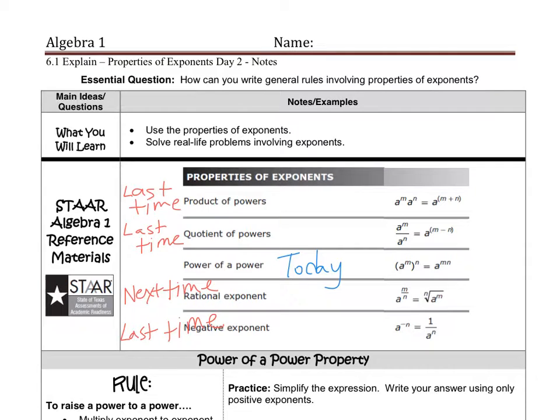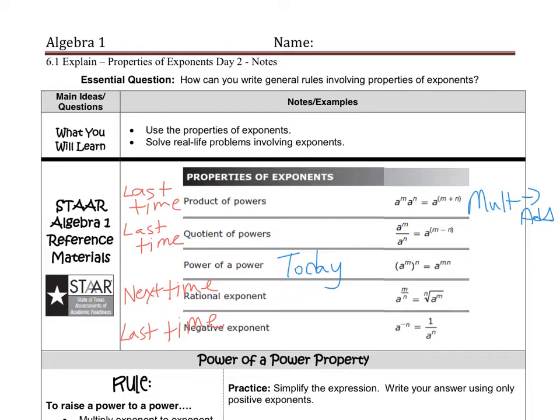Okay, welcome to day 2 of exponent properties. Last class we did the product of powers. So whenever you're multiplying two bases together with exponents, we added our exponents. So when we multiplied, we added.